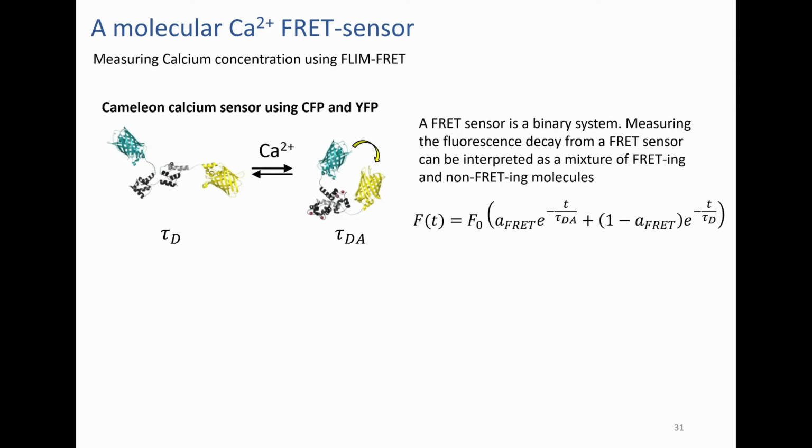And so at any one point, you get then a population of FRET signals. I mean, in the unbound state, the donor lifetime is unaffected. So the fraction of molecules that are not interacting with the calcium will have a decay curve like this, and the fraction that have bound calcium will actually hinge together and give you FRET.